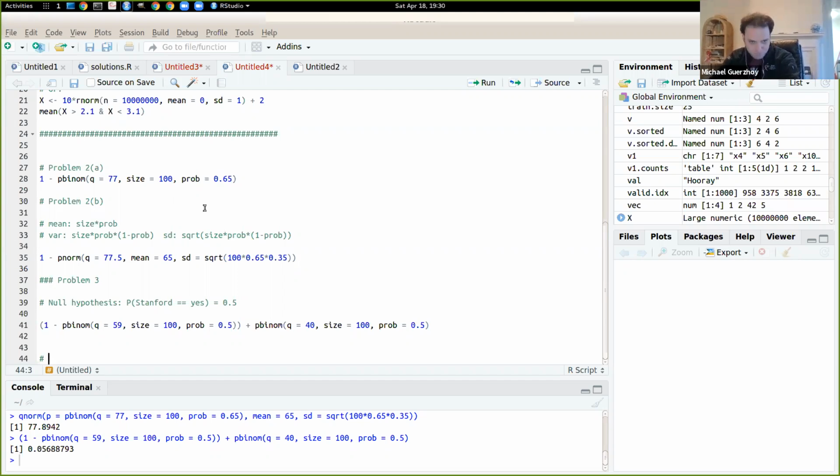Again, the mean here is going to be 50. The SD is going to be the square root of 0.5 times 0.5 times 100, which is convenient because the square root of 0.5 times 0.5 is 0.5, times the square root of 100, that's 10. So the standard deviation is going to be 5.